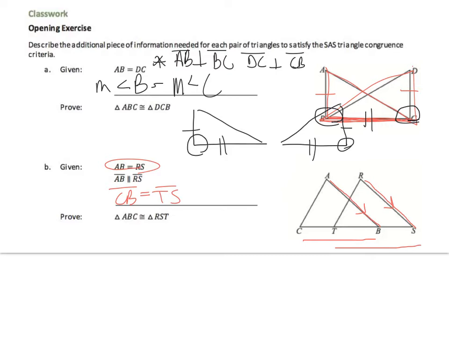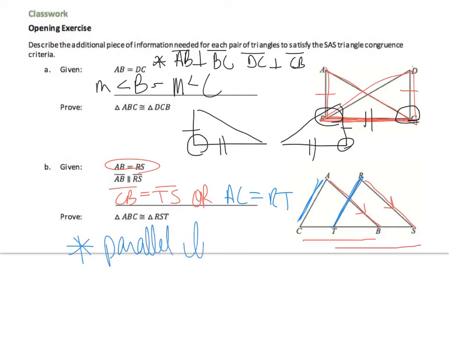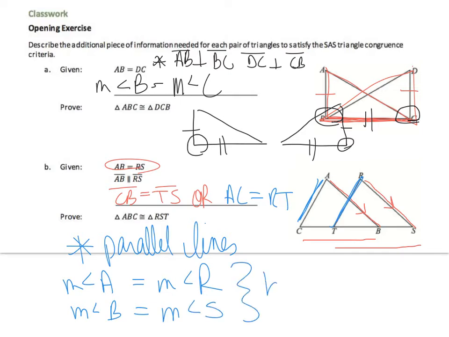Or we'll do it in blue. This side equal to that side, which would be AC is equal to RT. What's important is that if the lines are parallel, we have to use that information to say that the measure of angle A is equal to the measure of angle R, or the measure of angle B is equal to the measure of angle S, because they're parallel lines.